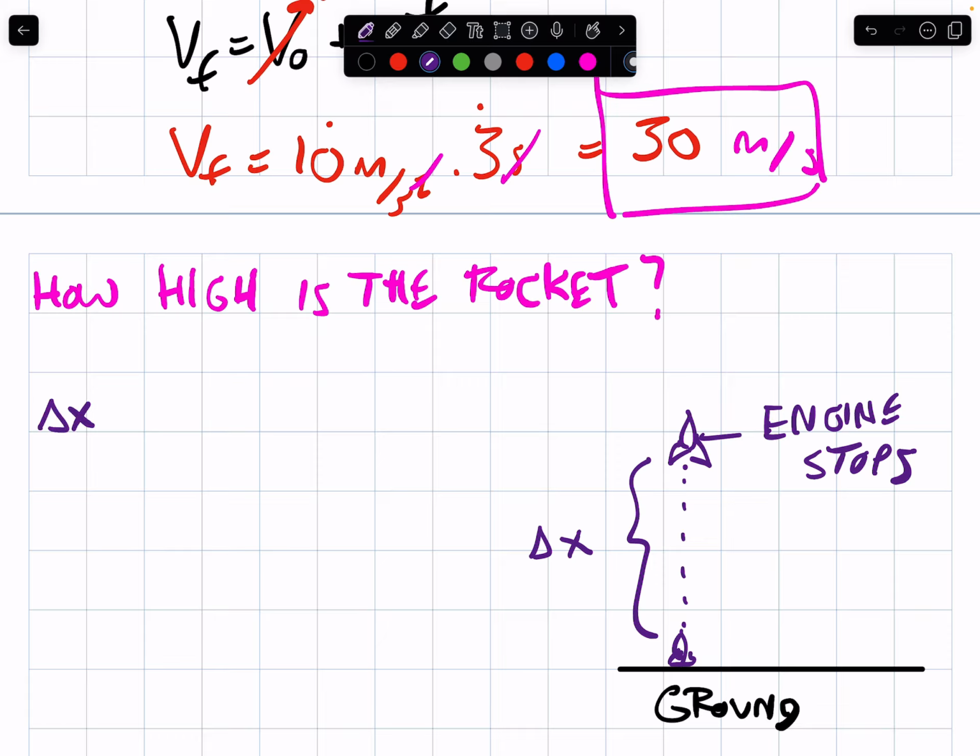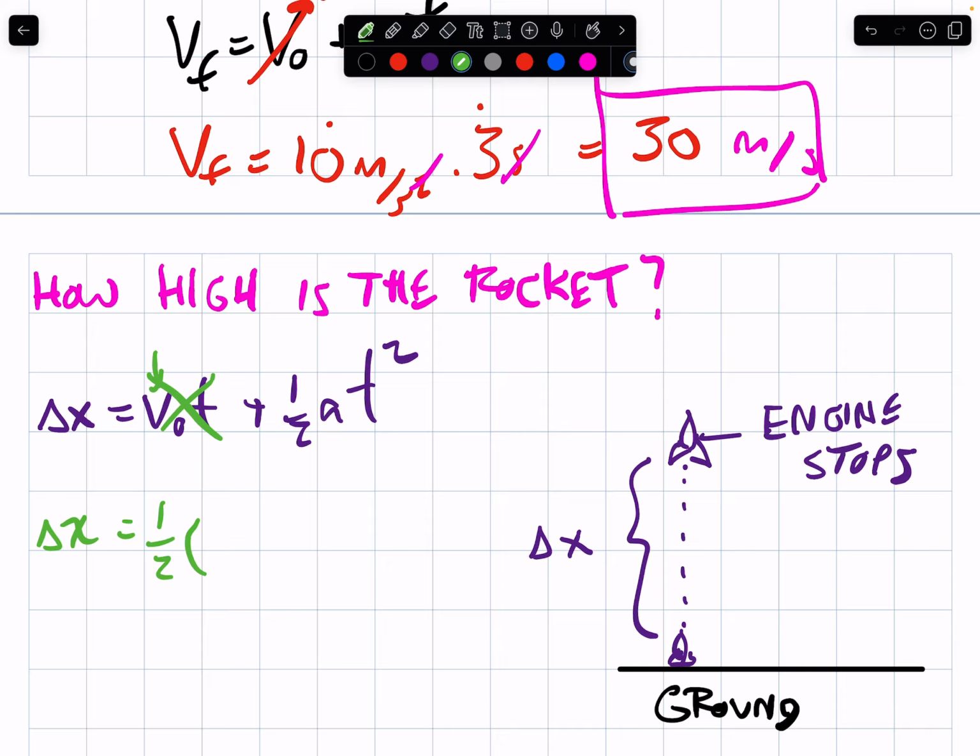How about delta x is equal to v naught times t plus 1/2 a t squared. And again, this is an equation we've used for several months now, so that should be vaguely familiar. All right, so this term is 0, so this first term goes away. So then its height above the ground is just 1/2 times the acceleration we figured out, 10 meters per second squared, and the engine burns for 3 seconds.